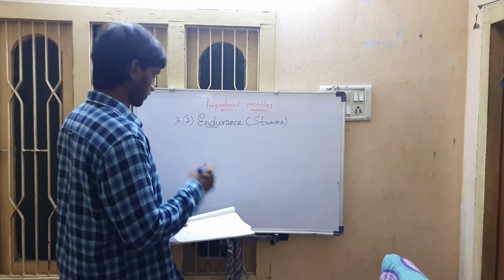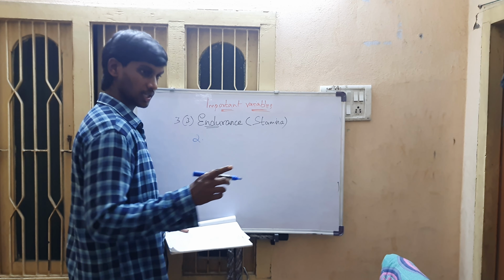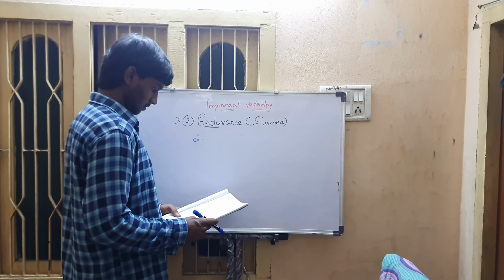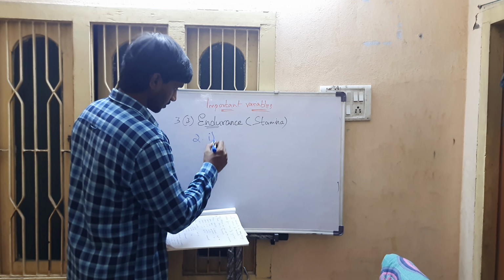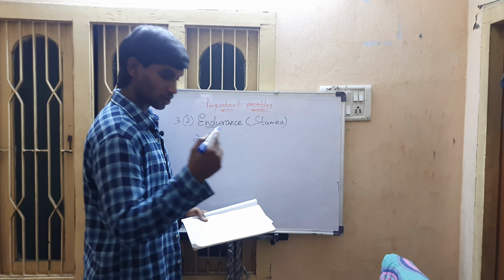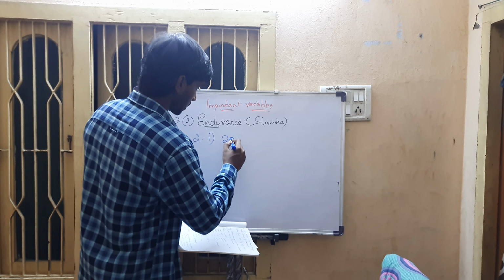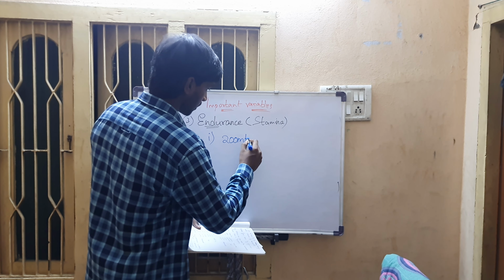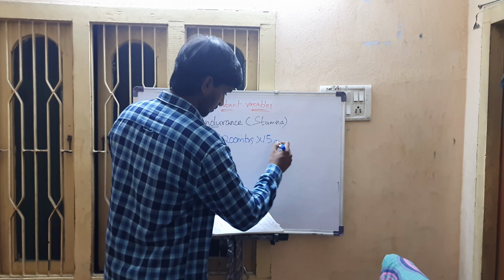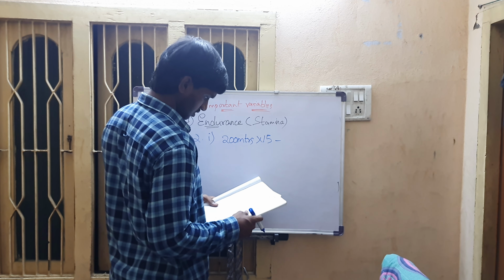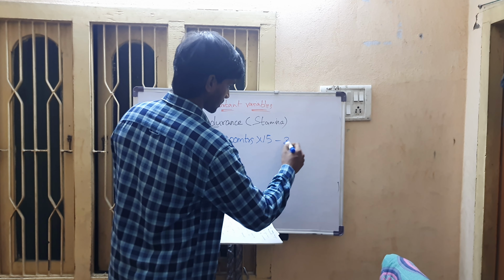Keep that in mind. The second one, after reaching that: whether it takes 2 months or 3 months or 4 months, run weekly once 200 meters for 15 reps until you reach 35 seconds.